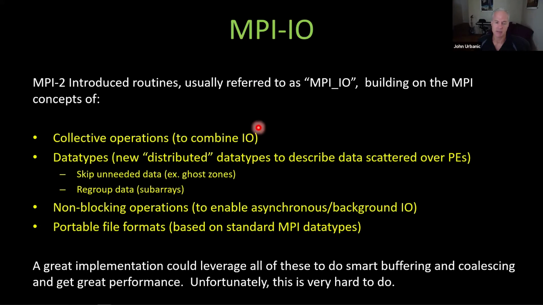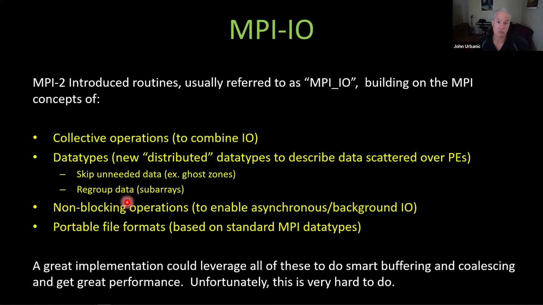As I said, MPI is a fantastic standard, and the committee pays a lot of attention to making sure things work well. But MPI-IO was one thing that was a little bit of a step too far, in that it sounds great on paper. MPI-IO are some I/O-based routines that take advantage of the collective operations and the data types that you've got built in.